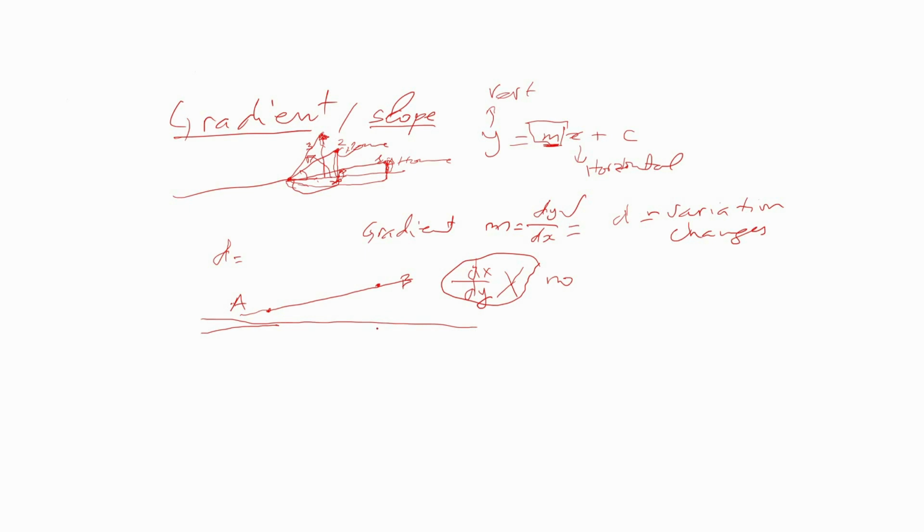Everything we do, we compare with how we moved vertically. Then we do not use horizontal displacement compared to vertical. This is a mistake that students make. Don't use that formula.